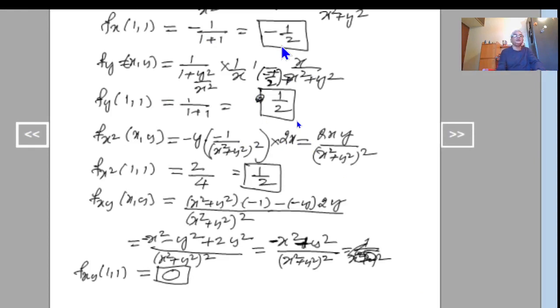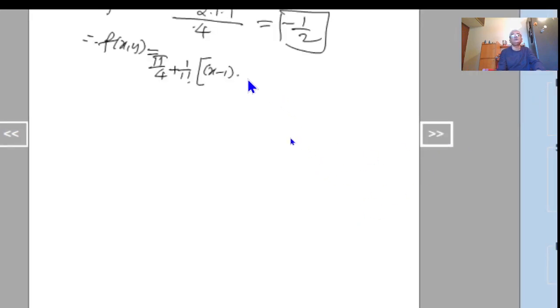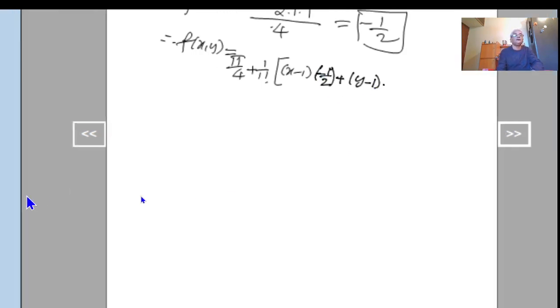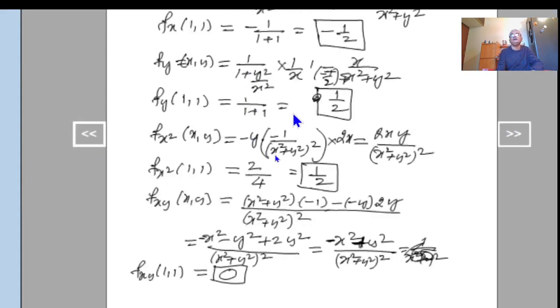Plus (y minus b), that is (y minus 1), into fy. What is fy? fy equal to plus 1 by 2.